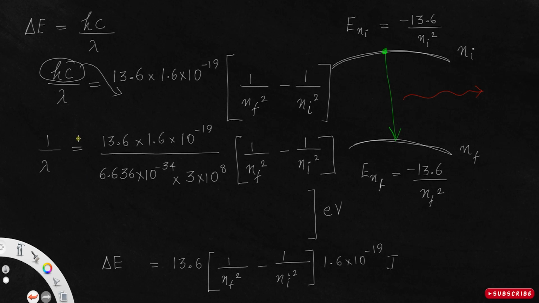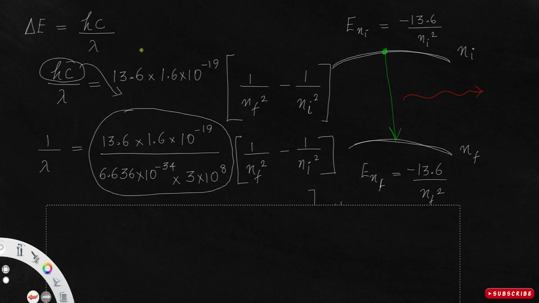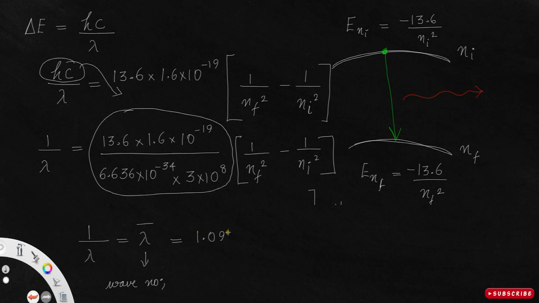Simplifying this, you will get approximately 1 by lambda, which is lambda bar, the wave number. This is called wave number, equal to approximately 1.097 into 10 raised to 7 into 1 by nf square minus 1 by ni square.